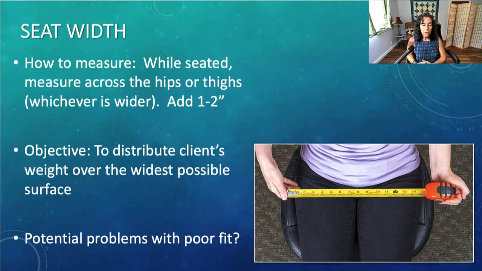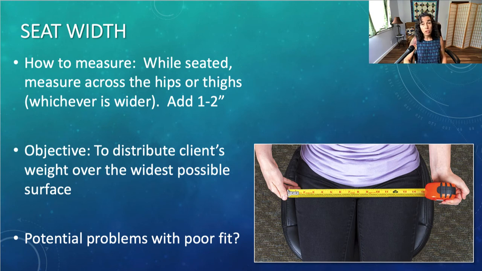Problems with poor fit: if a seat is too narrow, it's going to create difficulty with transferring and poor weight distribution, so they're not going to have that little bit of wiggle room, but a nice solid seat. Pressure areas on the sides of the hips, right? So if we're squishing them in, the sides of the wheelchair are going to be pressing.